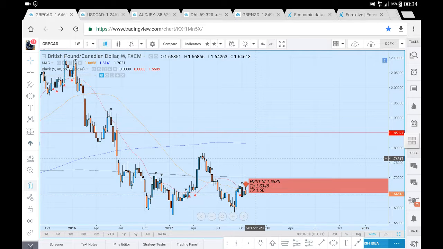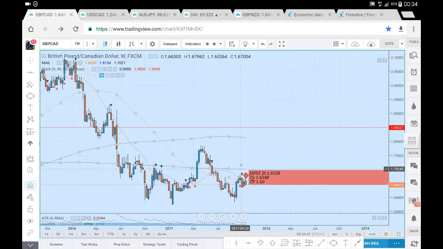On the weekly chart, however, as we have found support at 160, and we did have, to your left here, a strong bullish candle in pretty much the week that opened on the 11th of September, I'd say it's more likely that a bull flag would form here, and a continuation possibly up to this 200 period moving average sitting at 170 would have been the next likely outcome. But as the signal is to the short side, 160 is our target.